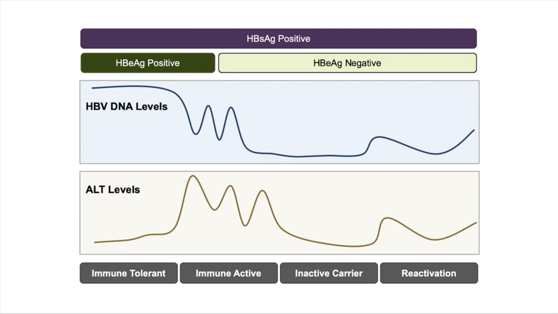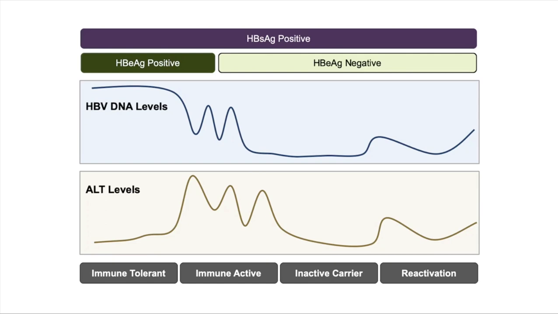Here's what we talk about when we're talking about immune tolerant disease. If we look at a patient who is Hep B antigen positive, the virus is replicating, the antigen is there, the body hasn't yet made antibodies that clear that out. They have high viremia. They don't have a lot of ALT. The body yet hasn't really had a lot of immune reactivation or immune damage focused on the liver.